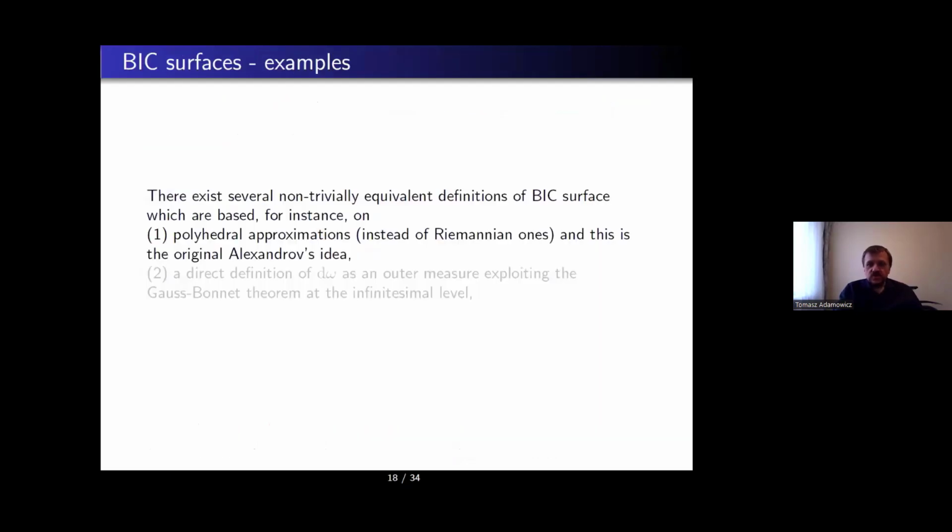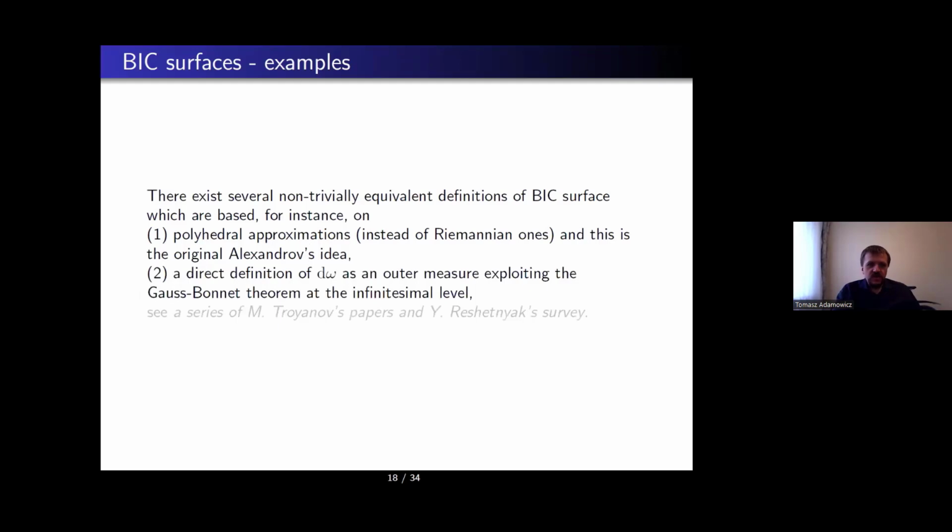As you see, the definition is perhaps not the most natural one, but I would like to assure you that there are many approaches to these surfaces with highly non-trivial equivalences. One of them, for example, is to consider a polyhedral approximation instead of the Riemannian approximation. Indeed, this is the original approach of Alexandrov.